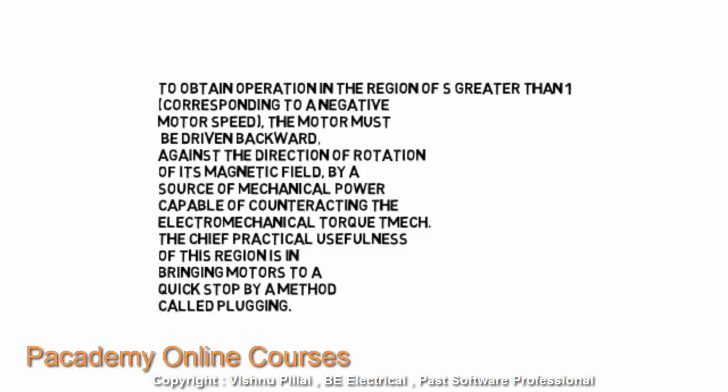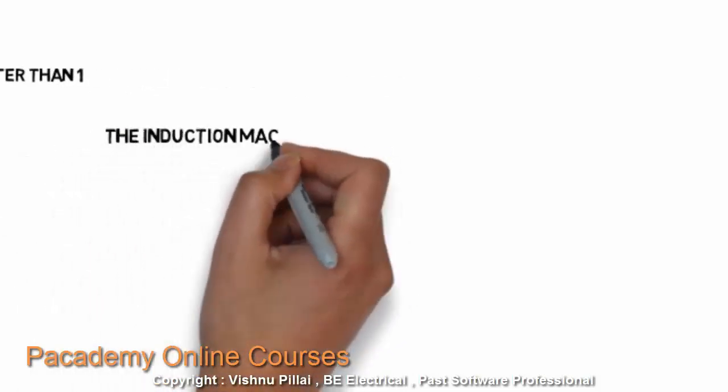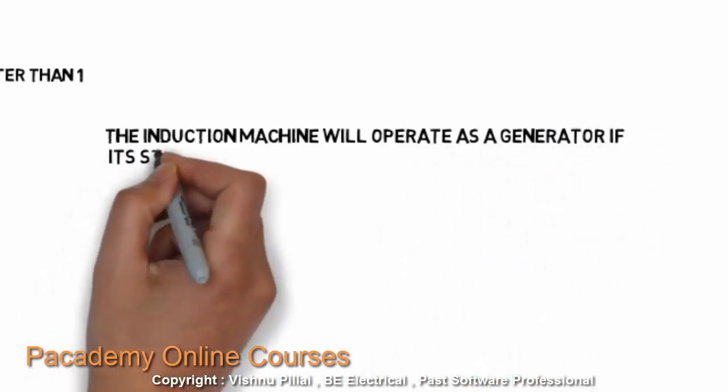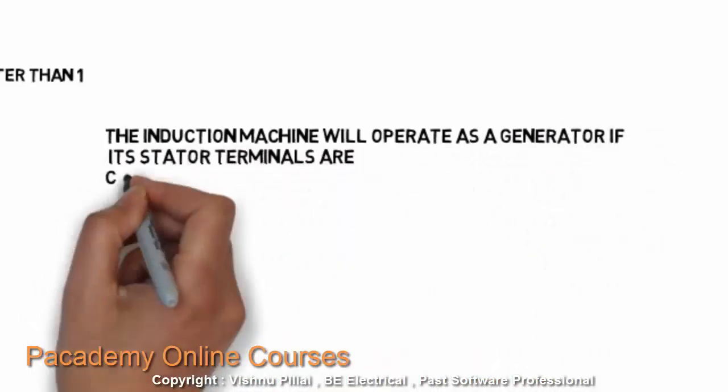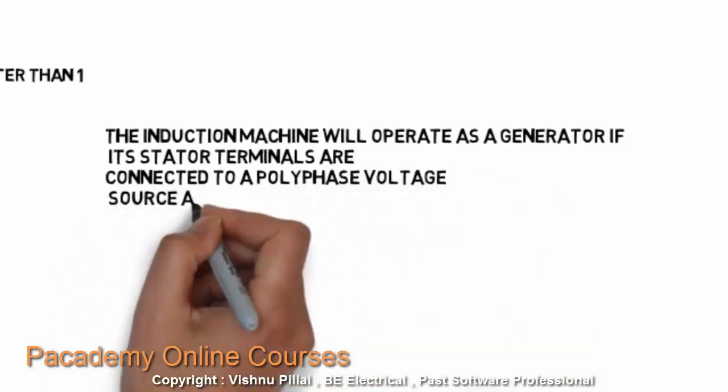So when the motor is rotated above the synchronous speed, the slip will become negative, and so the induction machine will operate as a generator when the stator terminals are connected to a 3-phase supply, as in the case of motor operation.